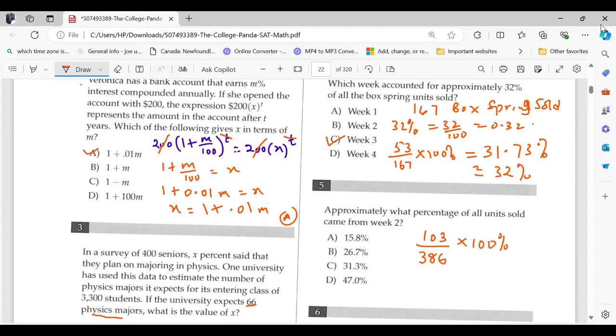So what percentage is that? 26.68%, which is approximately 26.7%. And that gives us option B.